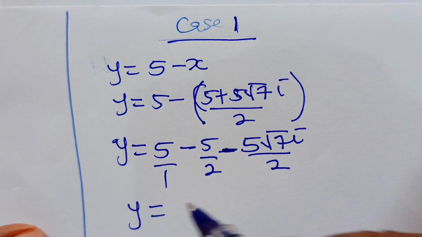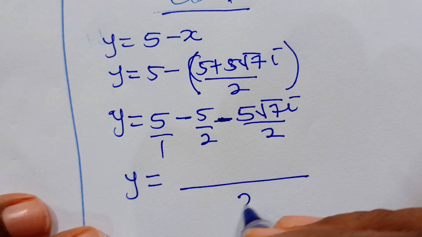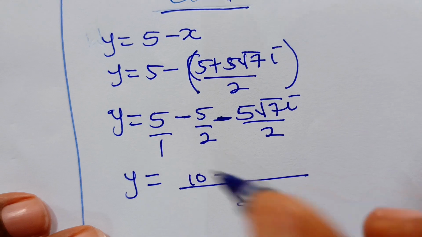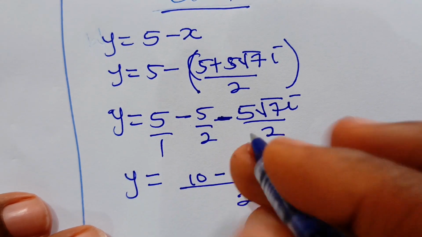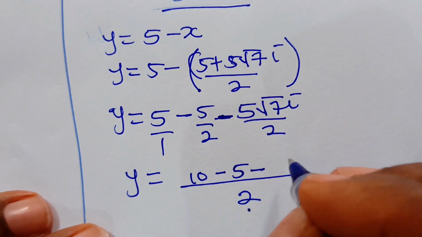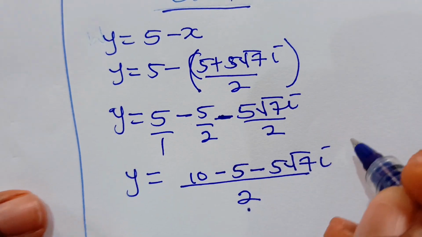Now let's solve. y is equal to, the LCM should be 2, right? So when 1 divides 2 is still 2, 2 times 5 is 10. Minus, when 2 divides 2 is 1, 1 times 5 is 5. Minus, when 2 divides 2 is 1, 1 times 5 root 7i becomes 5 root 7i.